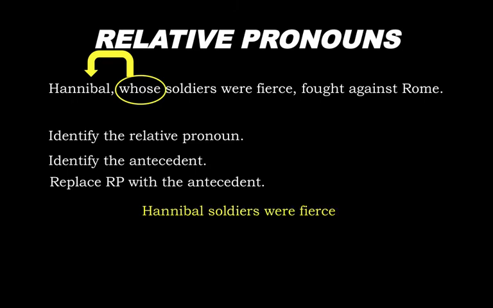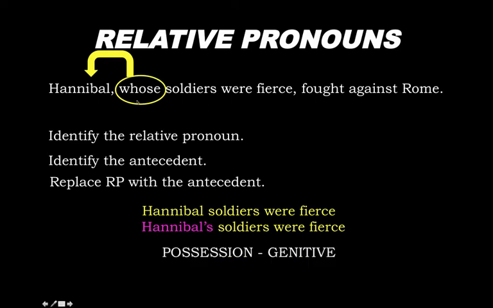So we get Hannibal, soldiers were fierce. That makes no sense. So instead we might have to tweak our translation and say Hannibal's soldiers were fierce. So if we plug Hannibal in for whose, we then find out that whose is working as the genitive because it's showing possession.